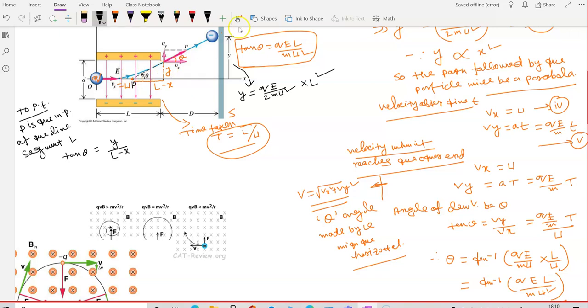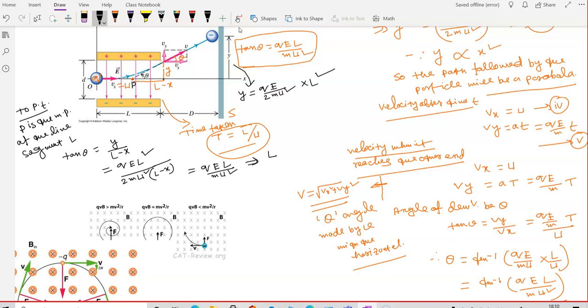Just substitute the y value here: QEL square by twice m u square, L minus x, and tan theta is QEL by m u square. You can see that all these things get cancelled, QEL getting cancelled.